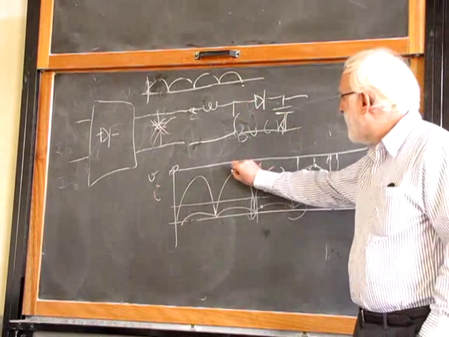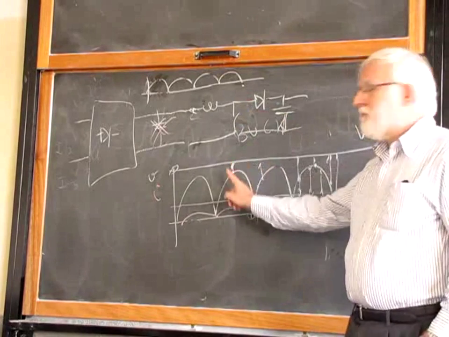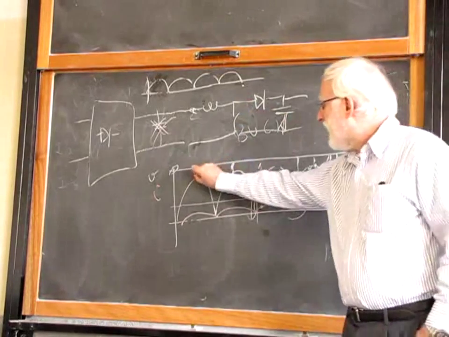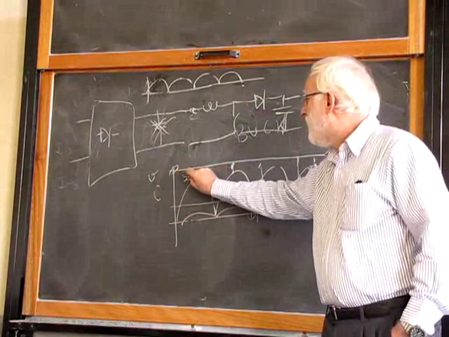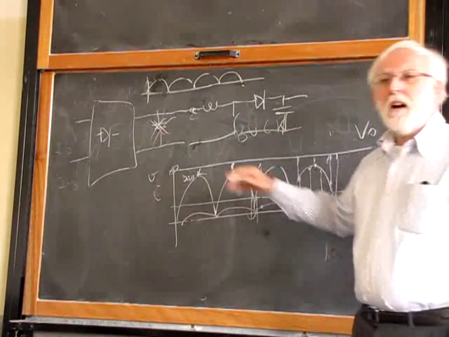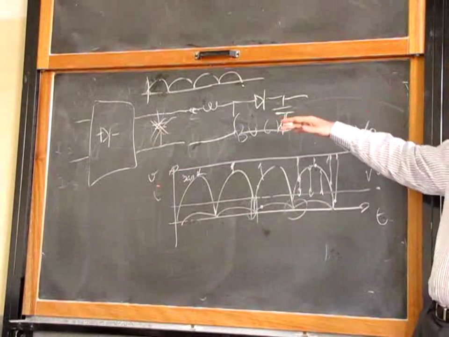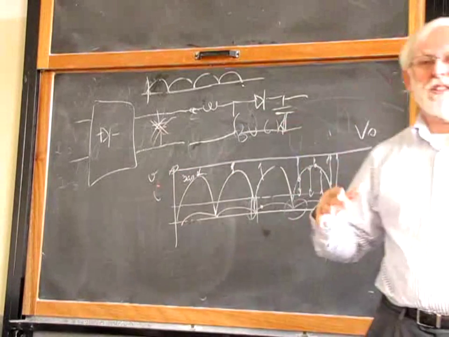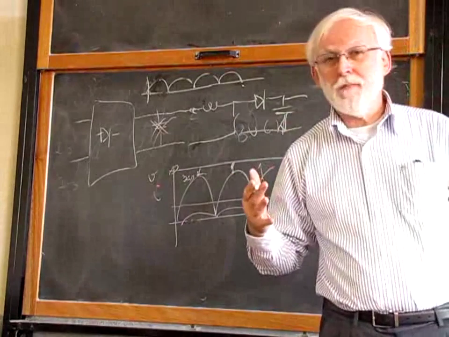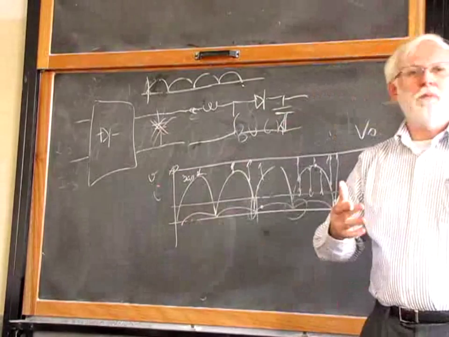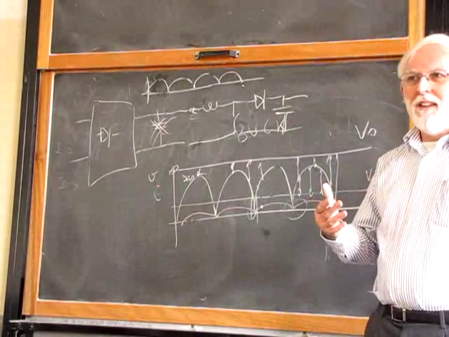Here, when we are close to the peak, we can go up by a smaller amount, because here we have something around 300 volts, 350 volts. And my output voltage, I don't want to have a too high output voltage. So for this kind of circuit, the output voltage is set around 380 volts, 400 volts maximum. So coming here and going up by a factor of 1.2, 1.5 is okay.